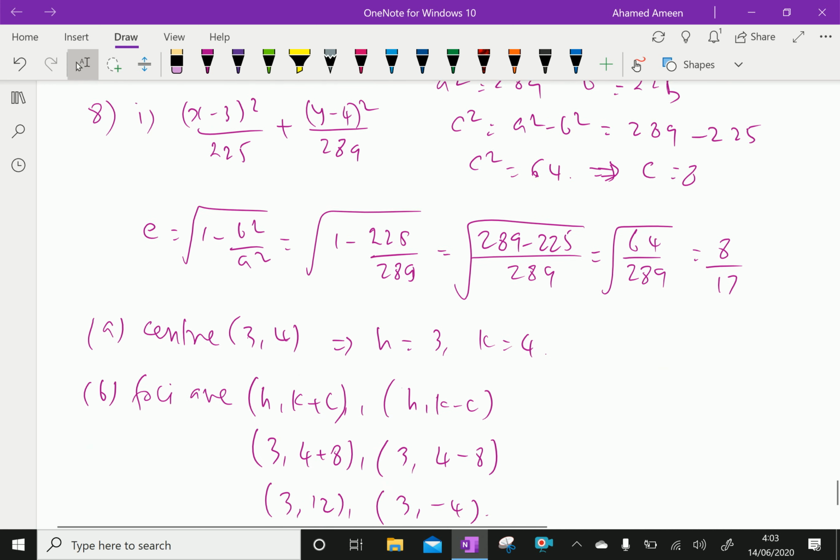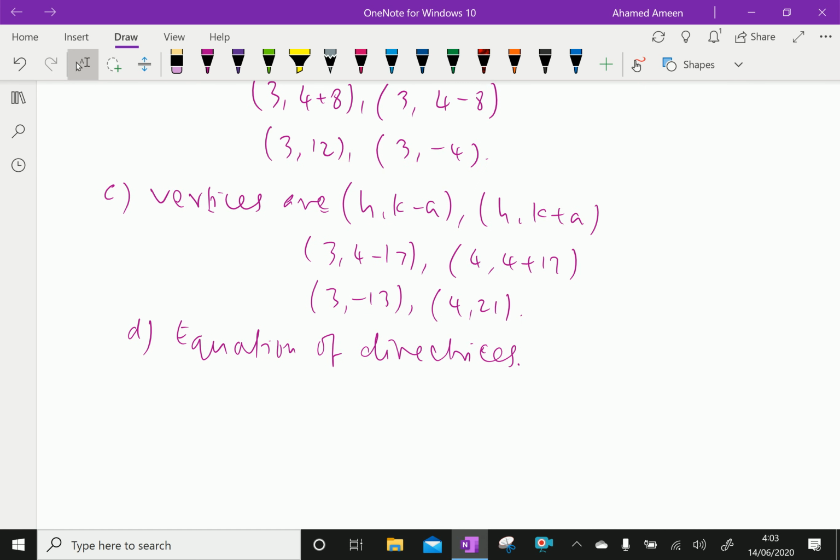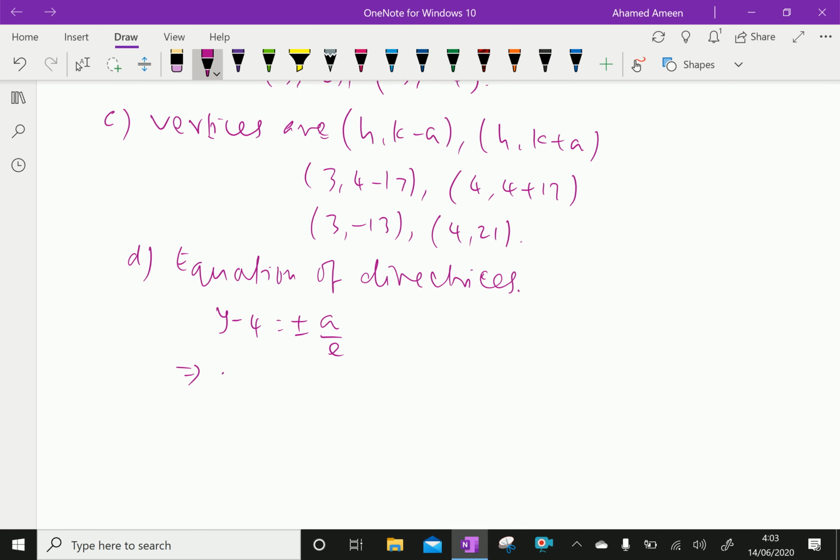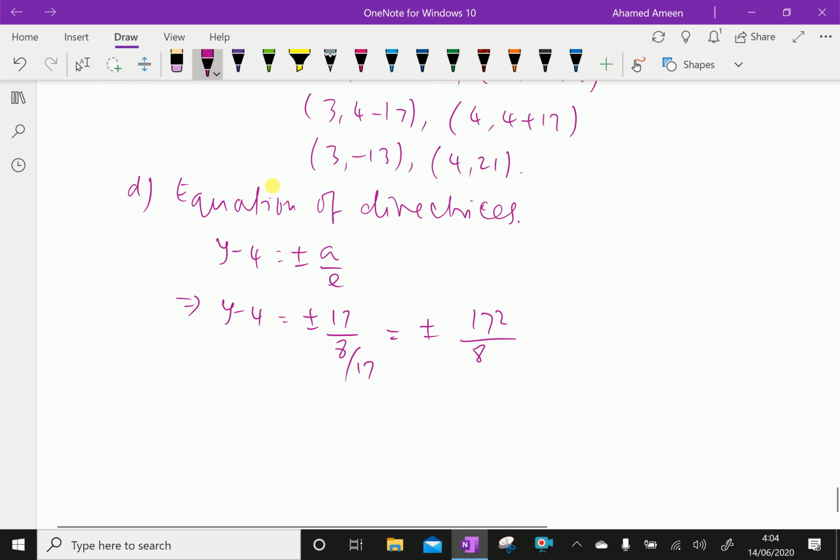Here equation of directrices is y minus 4, that is given, plus or minus a over e, that is y minus 4 equals plus or minus 17 over 8 over 17, which is equal to plus or minus 17 square over 8. That means y minus 4 equals 289 over 8.